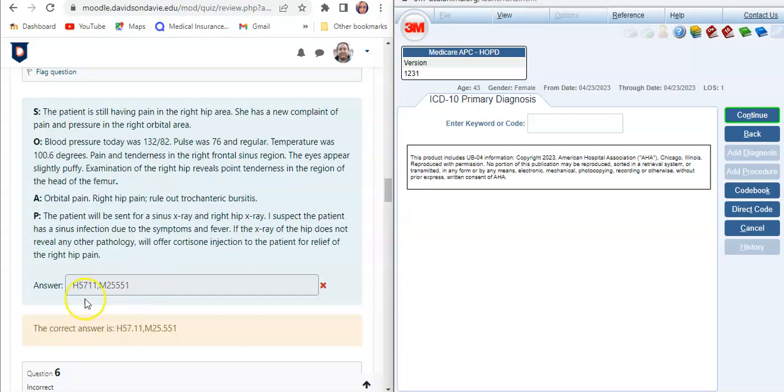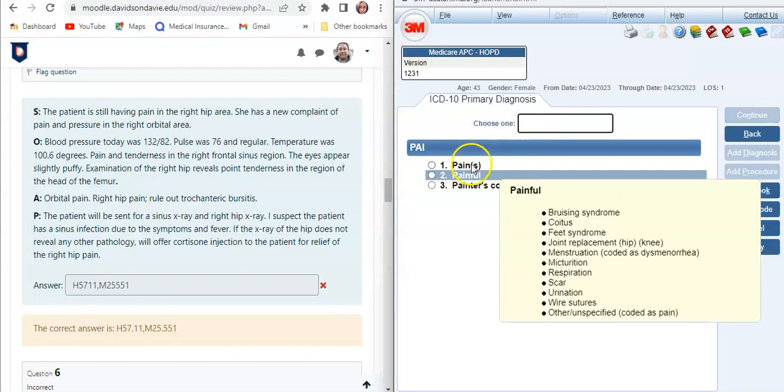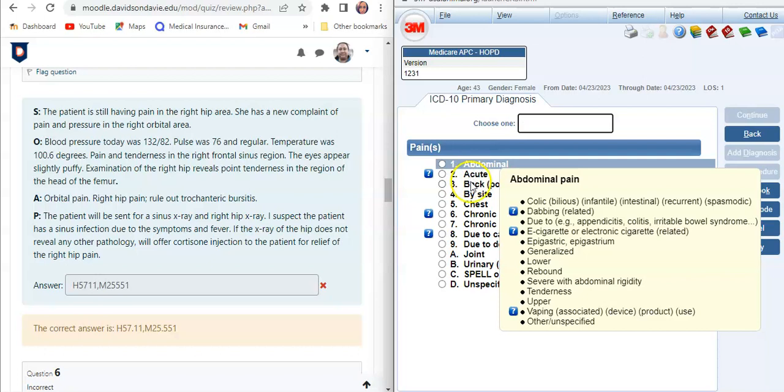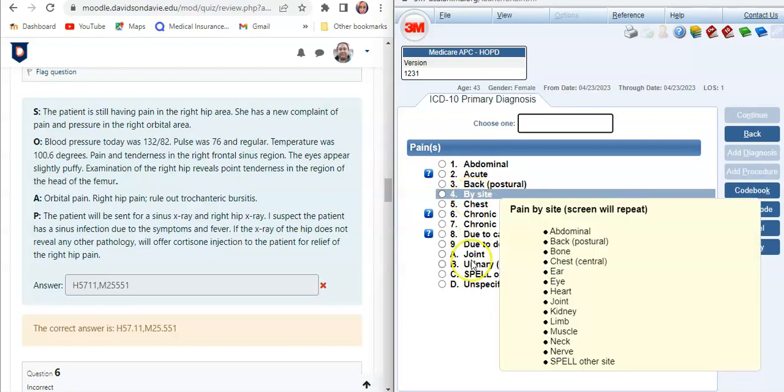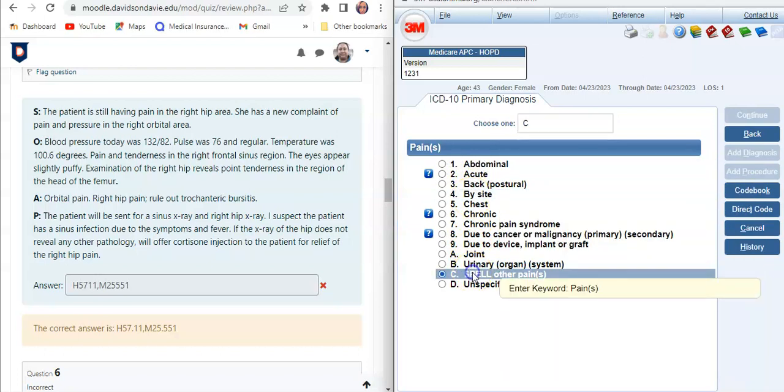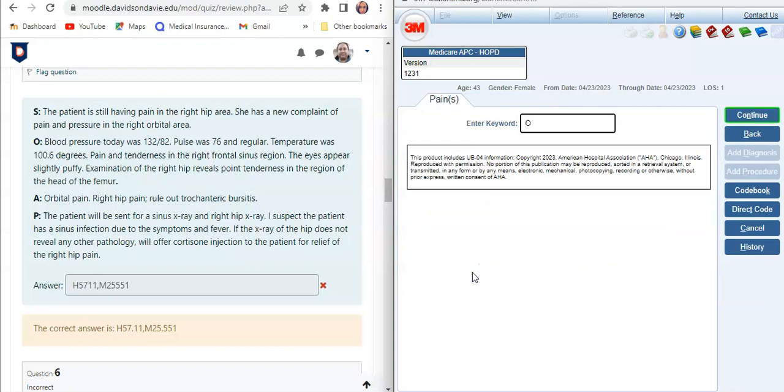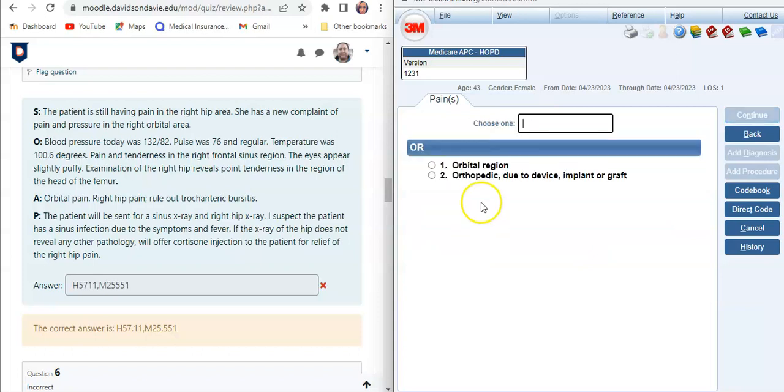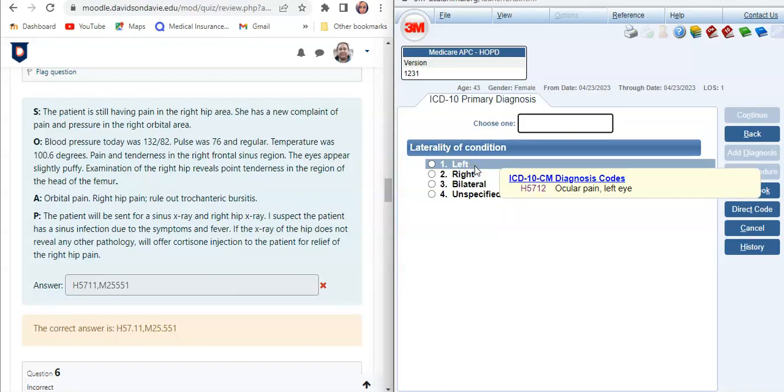Okay, again, this is one that I actually got right. I just didn't put the decimal points because I was typing it just as it was showing me the coding thing here. Oh, darn. Okay, so orbital pain. So I'm going to type in pains. And then I can type in which kind it is. Orbital. Oh, look at that. Orbital region.